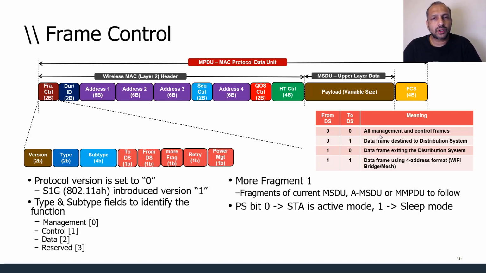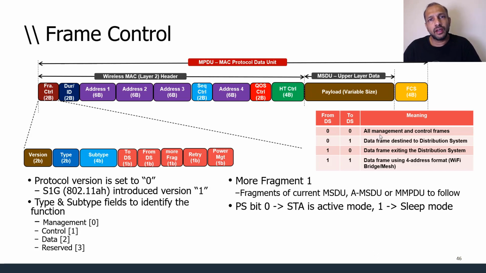And then there's something called the power saving bit, the PS power management bit. In wireless, it's always important for client devices to preserve their battery life. So how do they do that? Unless you are transmitting, most of your radio chains will be powered down, and only one radio chain will be listening to what's happening in the medium.